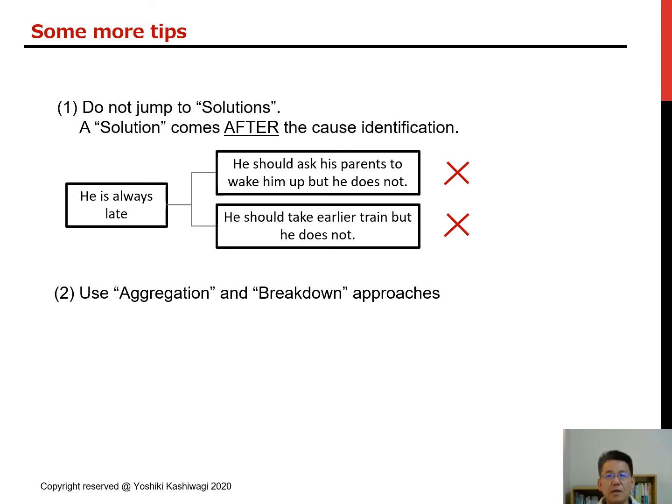Even if you are asked to come up with a reason, you cannot say he should do something. That is not a cause. That is a solution. So don't jump to the solution. Solution comes after you identify the reason. And then again, apply aggregation and breakdown. Sometimes try to combine those two different directions to make a logic tree.